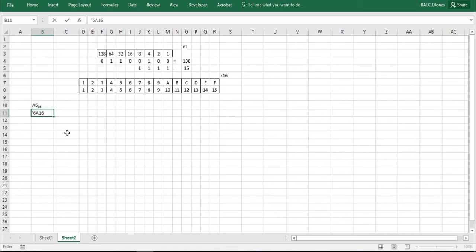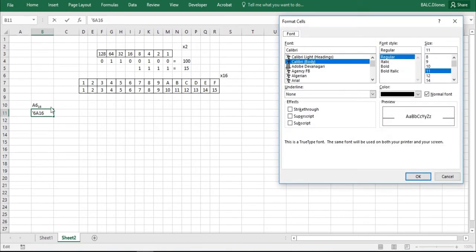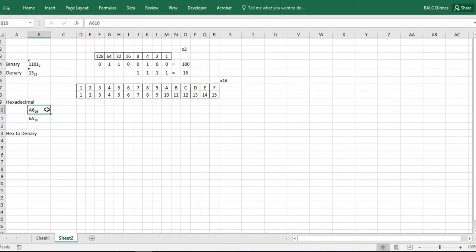That could be a hexadecimal number. I'm just going to take this 16 and subscript that.